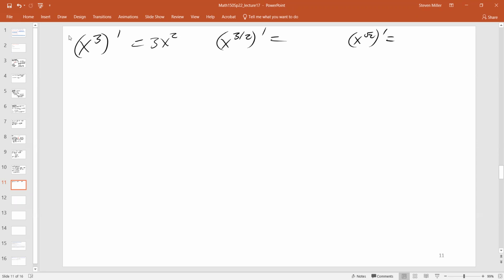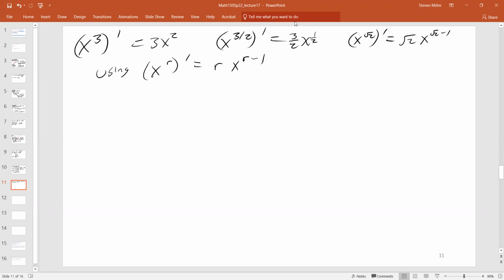X to the 3 halves, its derivative: three halves x to the 1 half, and you want to go for the clean sweep. What's the derivative of x to the root 2? Root 2 x to the root 2 minus 1. And you're using x to the r is r x to the r minus 1. It's about the best I can do.